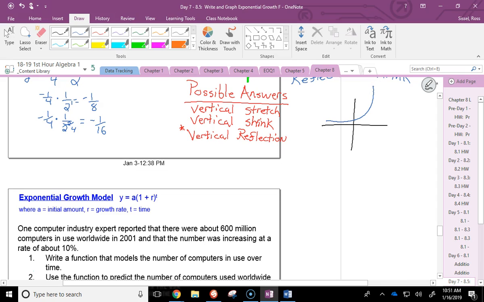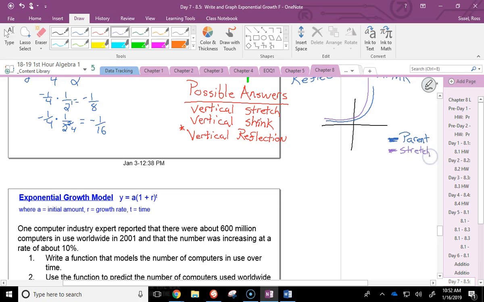So blue is parent. So when I compare to that, let's do it in purple. The vertical stretch will be following that, but it's on the inside.